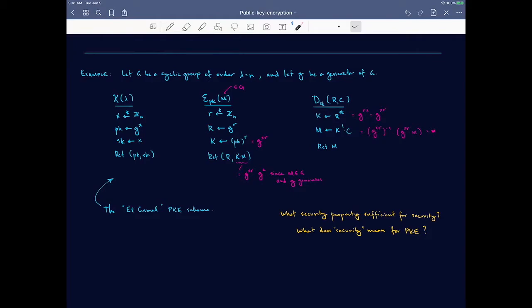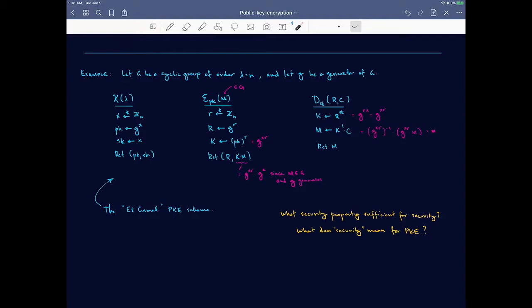And somehow, that reduction is going to need to turn A's ability to break the IND-CPA security of this scheme into the ability to compute g to the xy. And you can sort of see the pieces are here, right? Here's g to the x, if you will, here's g to the y, there's g to the r.